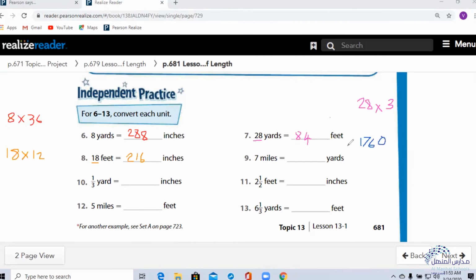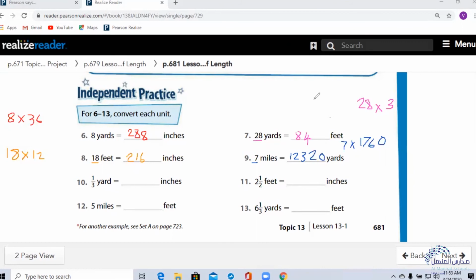But they want to know how much is in 7 miles. So 7 miles multiplied by 1,760 will give me 12,320.